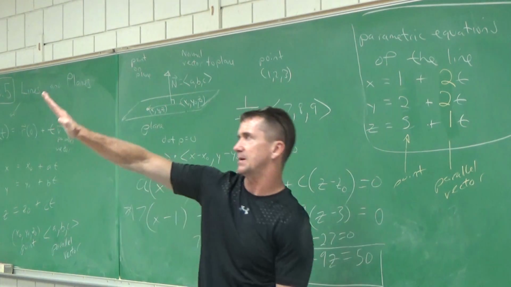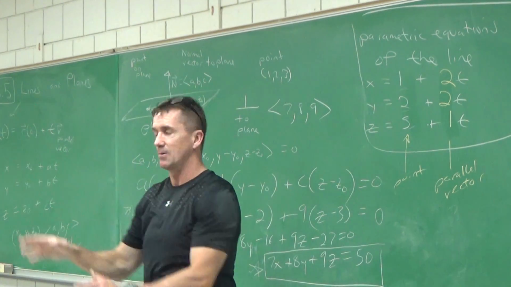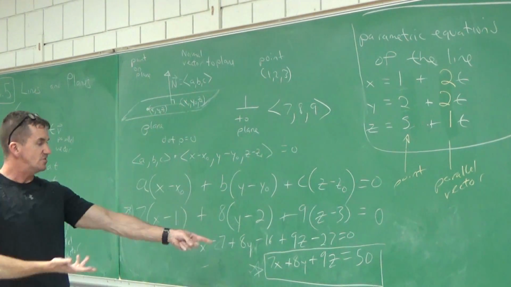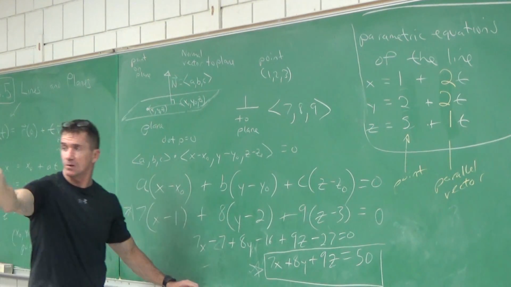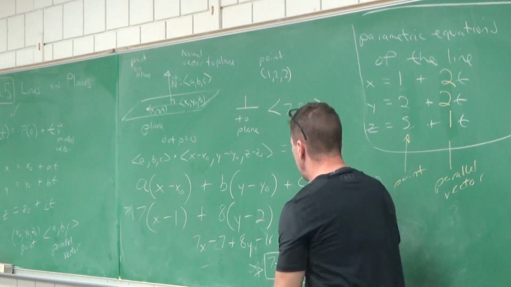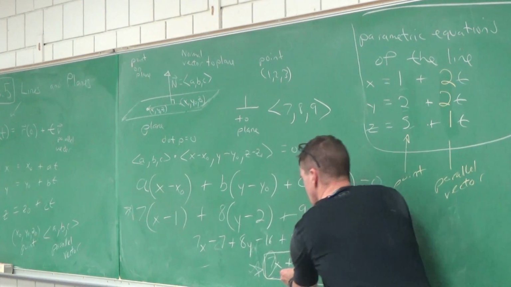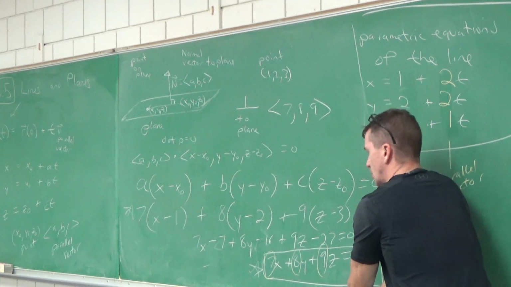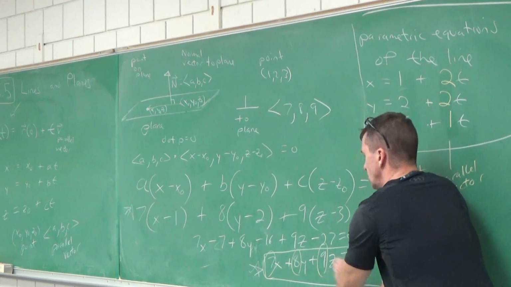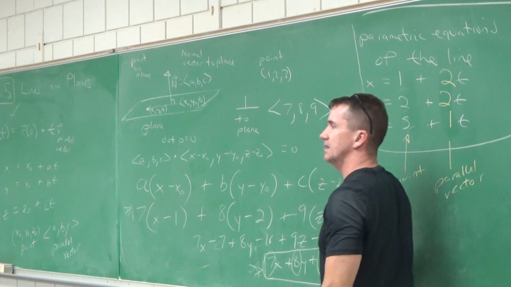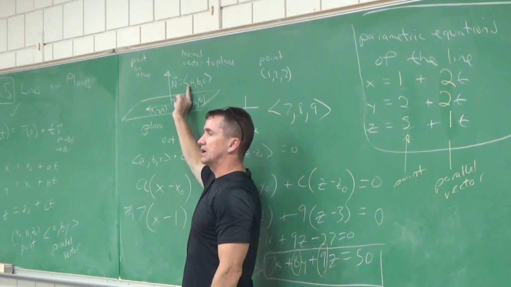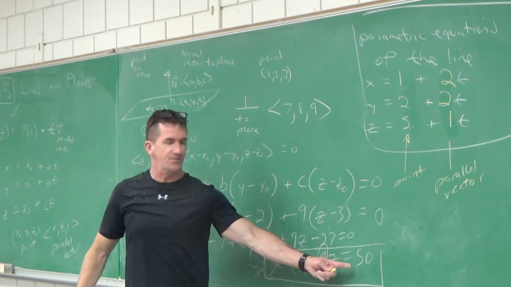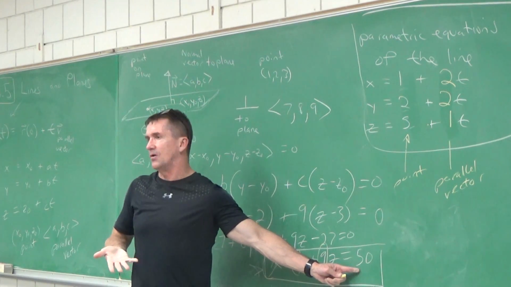It could be flat, but it could be nice and slanted. And we're about to get into 12.6, which is all the different surfaces. But now do you see what planes look like? Most importantly, when you see planes, what do these numbers, we call them the coefficients, represent? They describe the components of the normal vector. That's what they describe. What's this 50? Just some number that falls on the right side.